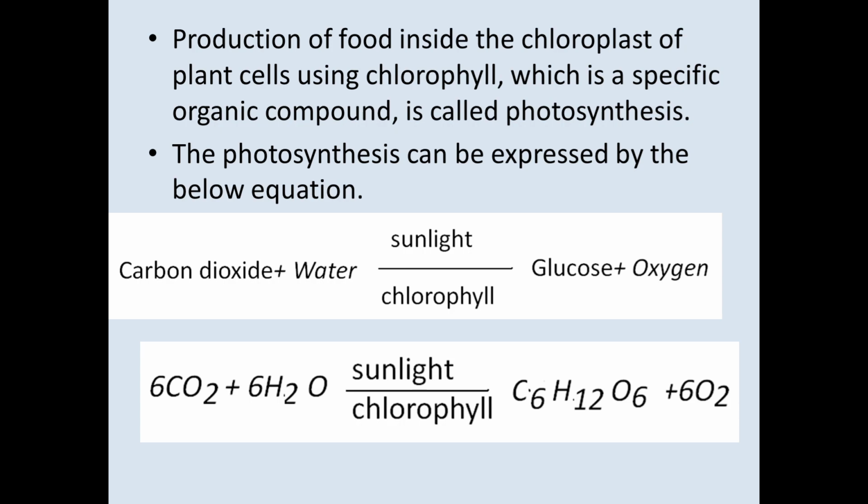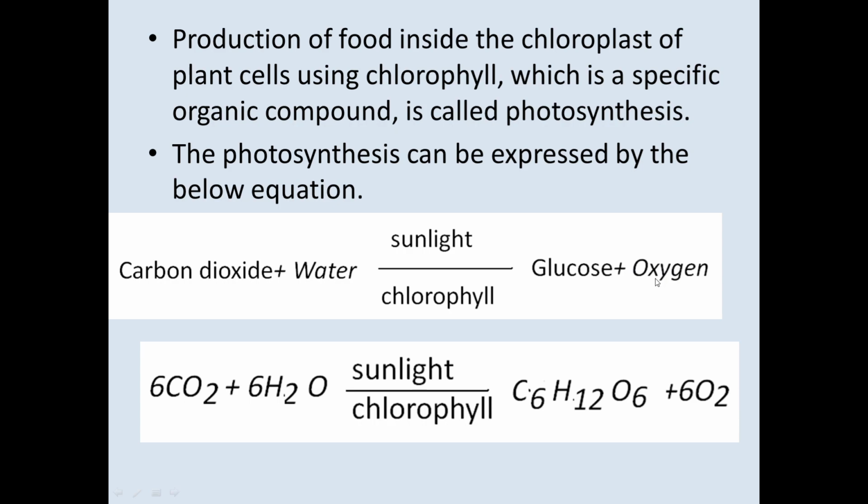You can write the photosynthesis process by a word equation like this: carbon dioxide plus water produces glucose and oxygen, by utilizing sunlight as a source of energy, and the process takes place in chlorophyll. Carbon dioxide plus water, sunlight and chlorophyll, glucose plus oxygen.